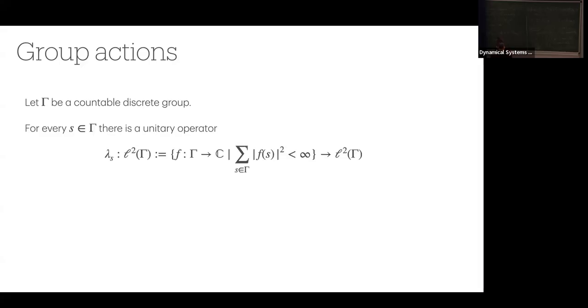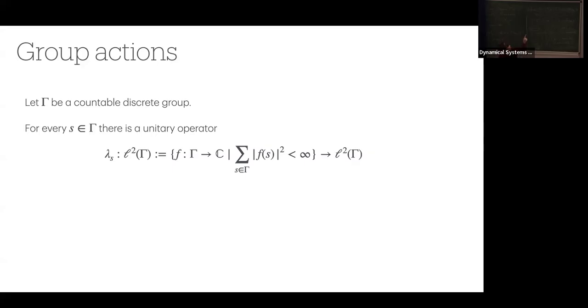Okay, so we heard a lot about group actions earlier. And this is really where it's even more useful to consider the entire von Neumann algebra rather than just a single operator. So if we take a countable discrete group Gamma, then for every s in Gamma, we have a unitary operator on the L2 space of Gamma.